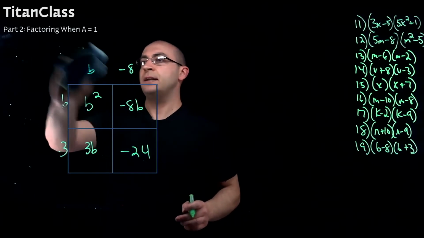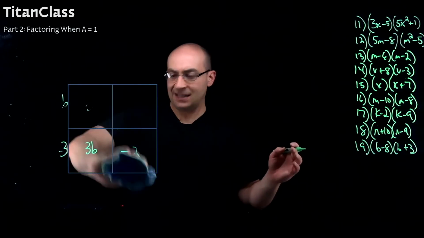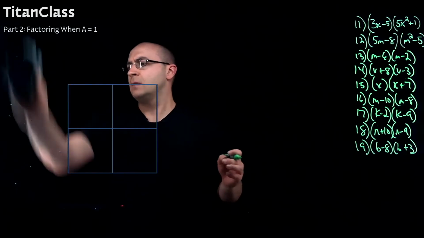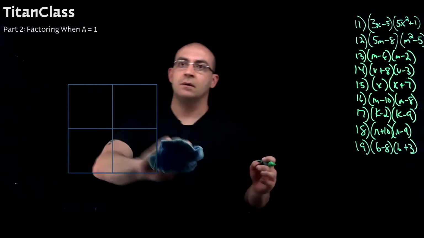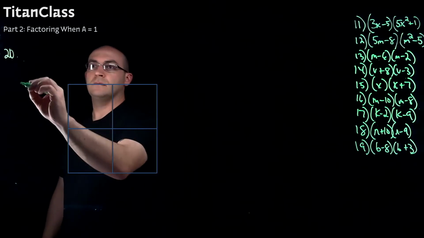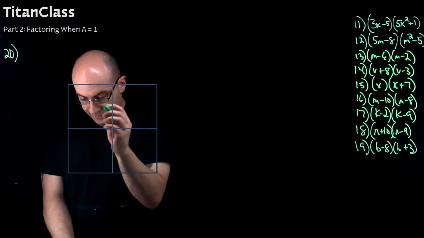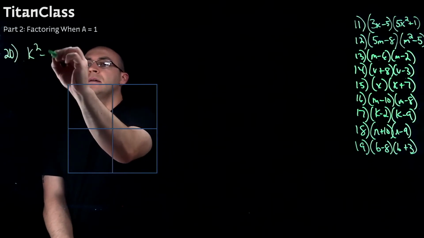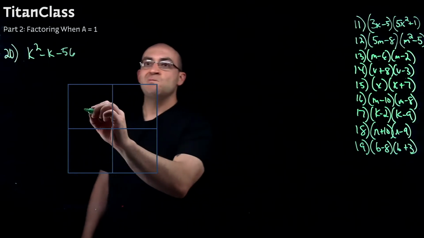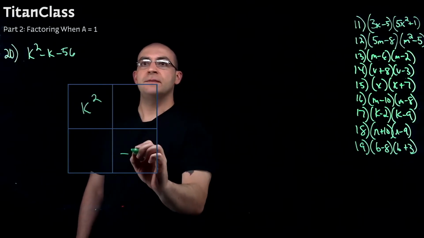Last one for the set of 10. I think we still have a few more like this though. K squared minus k minus 56. Okay. Minus 56.